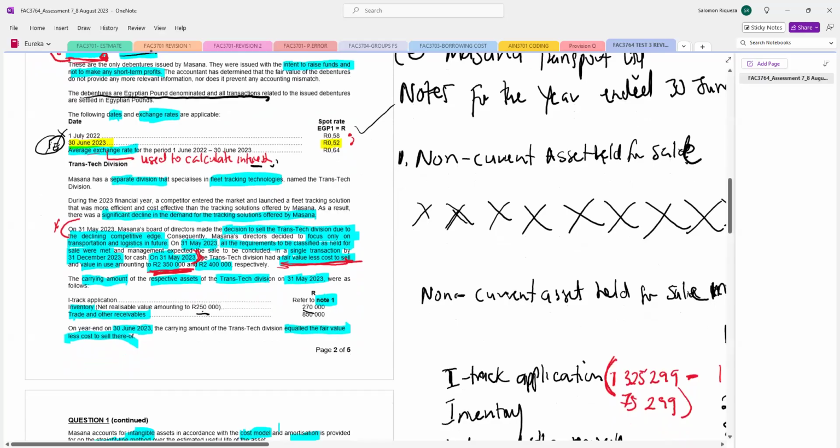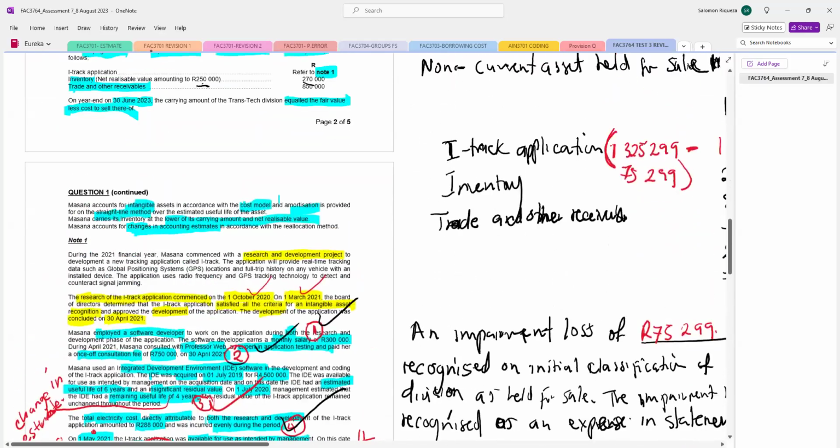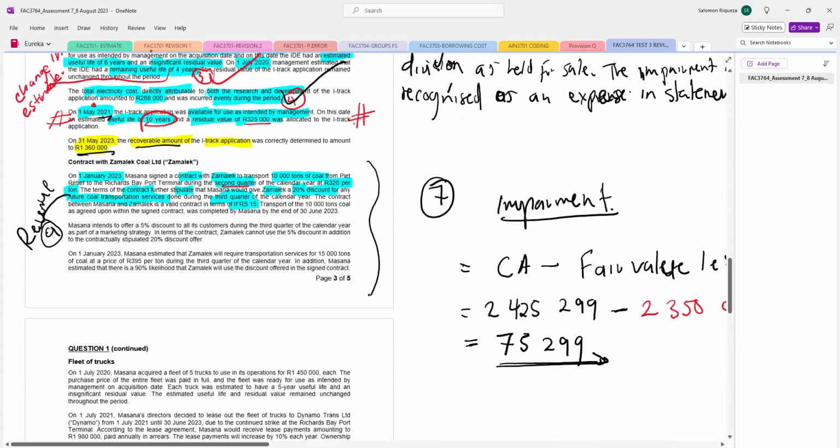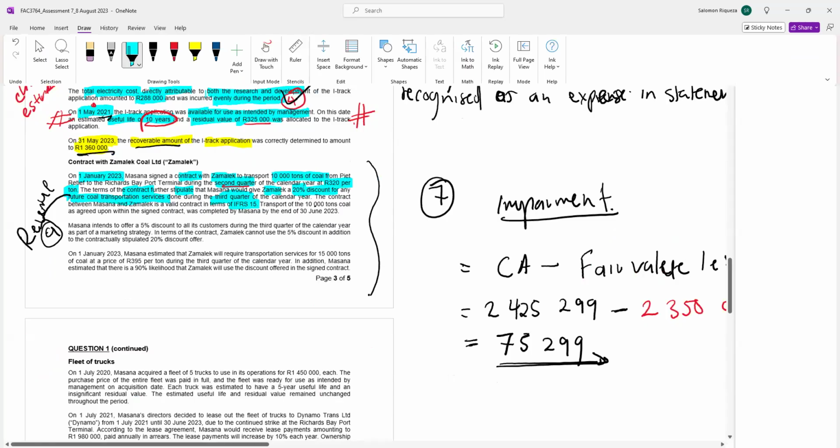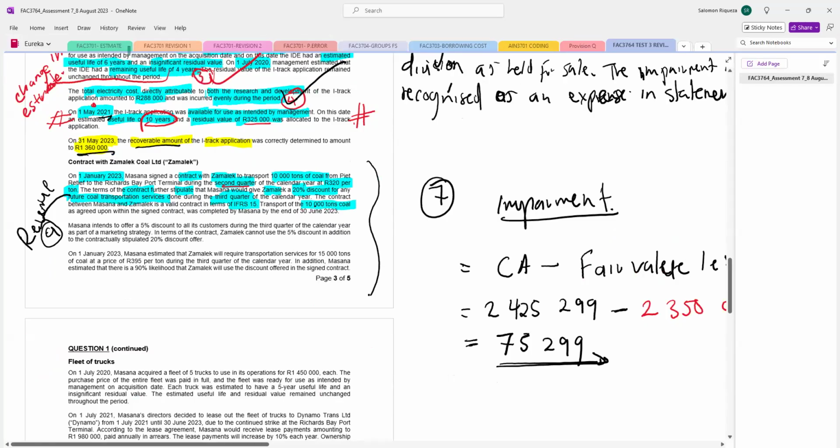Okay. So where was I now? Yeah. So we're busy with IFRS 15 revenue. So it says the transport of 10,000 tons of coal as agreed upon within the signed contract was completed by 30 June 2023.